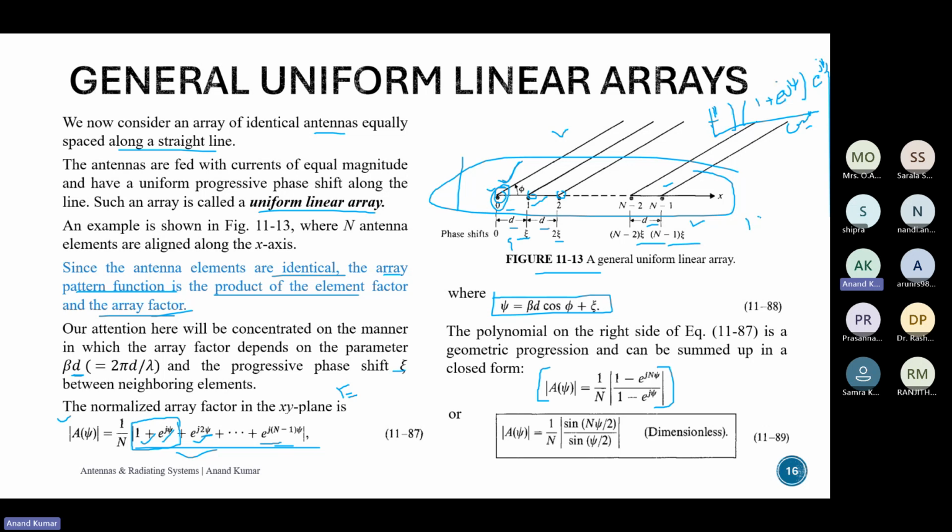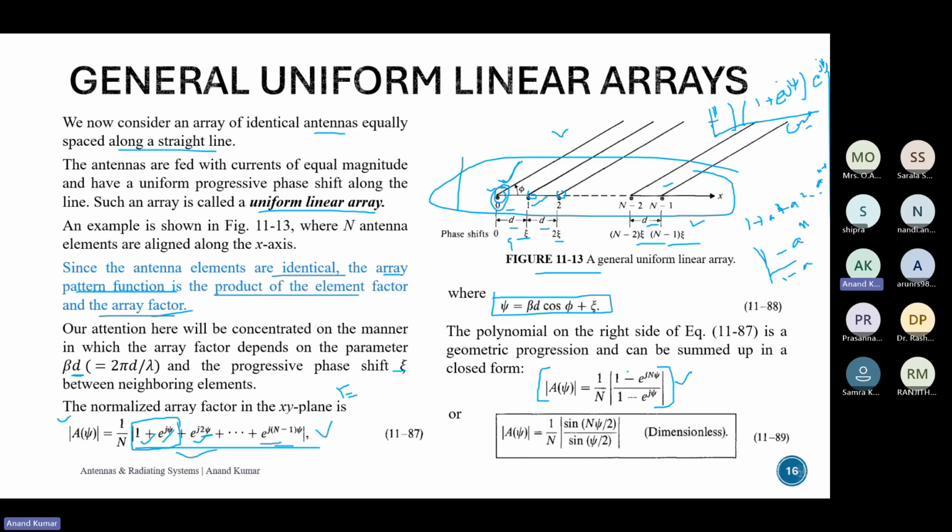If we have 1 plus a plus a square, and similarly this goes to a power n minus 1, this will be given by 1 minus a power n by 1 minus a. So we can just summarize this expression over here.